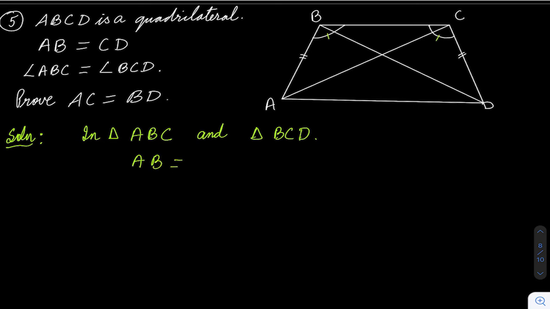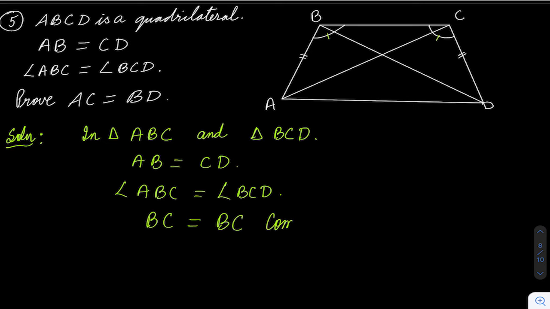If I look at these two triangles, I can simply say everything is mostly given. AB is equal to CD. Angle ABC is equal to angle BCD. Now, what other information do I have? This side BC is equal to BC, that is common. In triangle ABC and triangle BCD, this side BC is common.